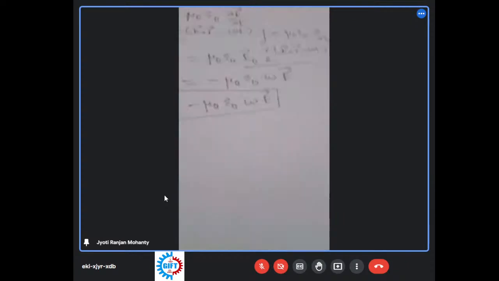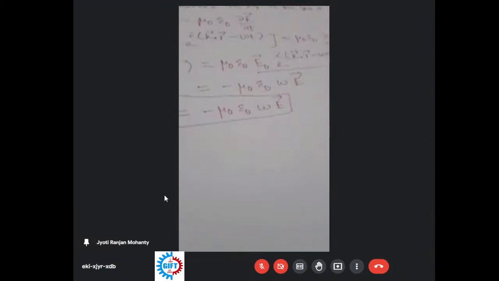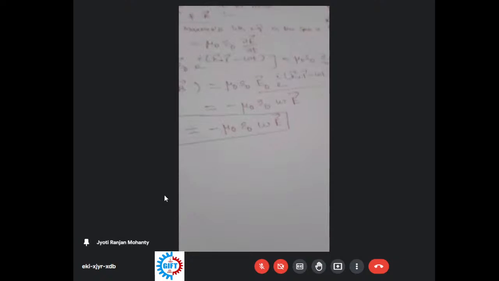What will be the conclusion, Ruturaj Lenka? This is equation number 8. Sir, vector E is perpendicular to the plane containing K vector and B vector.